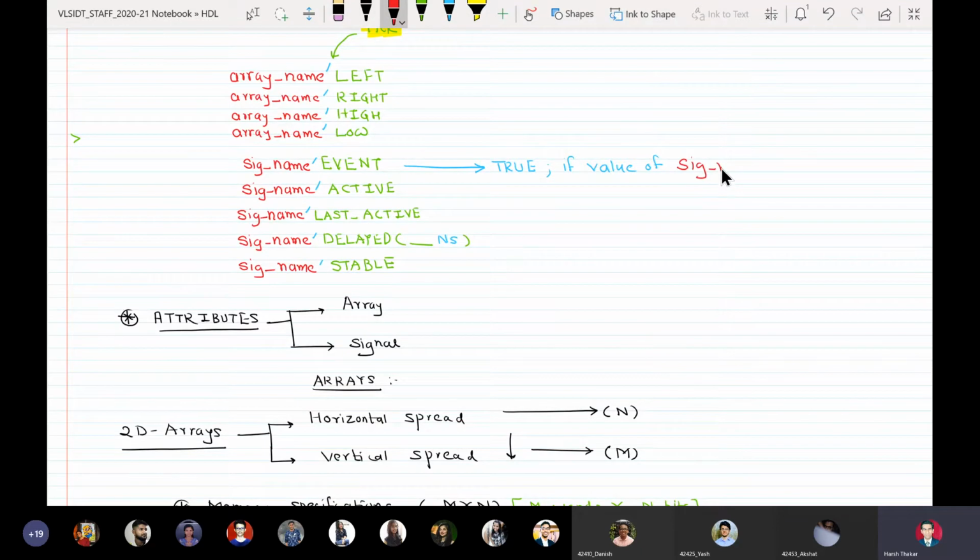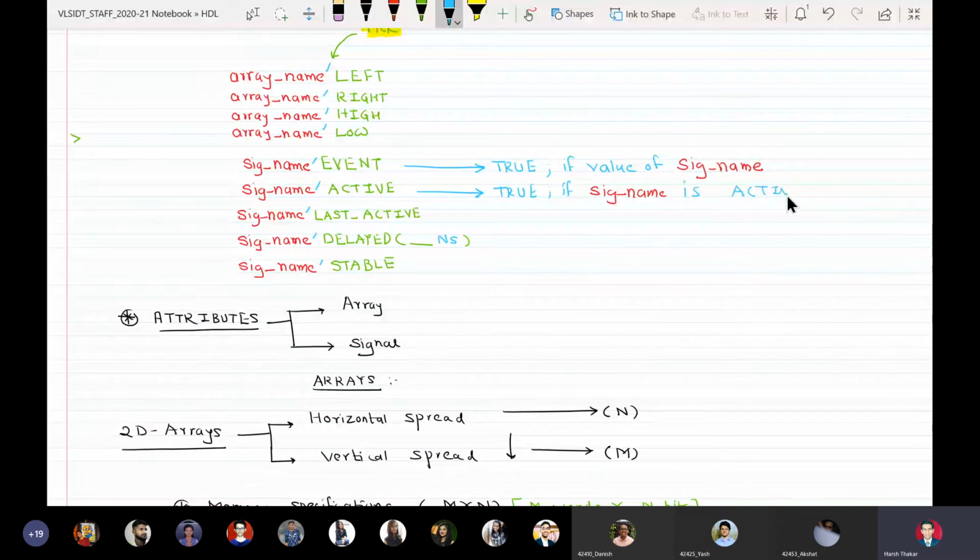So if there is any change in the value of the signal sig_name, this attribute will return a true value. Similarly, signal name tick active will return true if the signal is active.